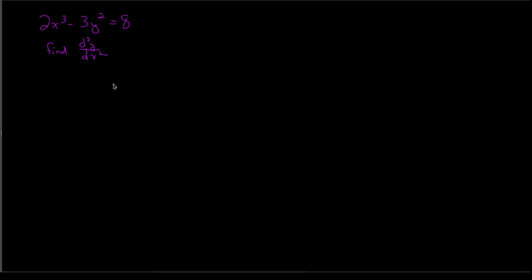And so to do this, we need to take the first derivative. So we'll take this relationship here and we'll apply the first derivative to it with respect to x.